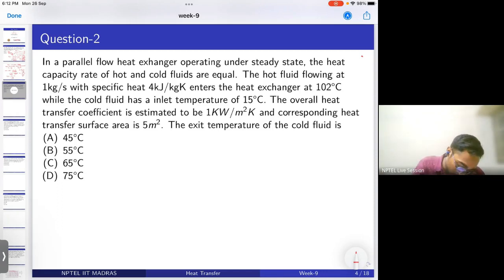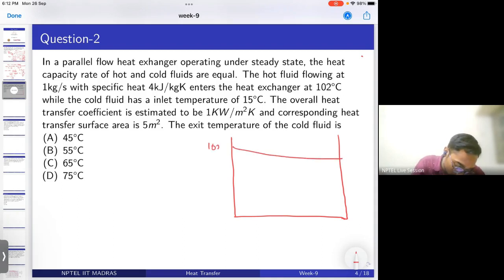Okay, so it's a parallel flow heat exchanger. Hot fluid is entering at 102 degrees Celsius, and cold fluid is entering at 15 degrees Celsius. So both Tho and Tco are not given.